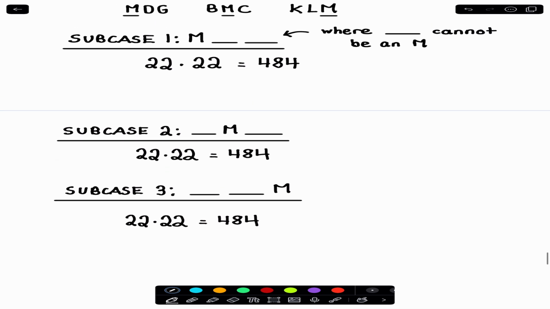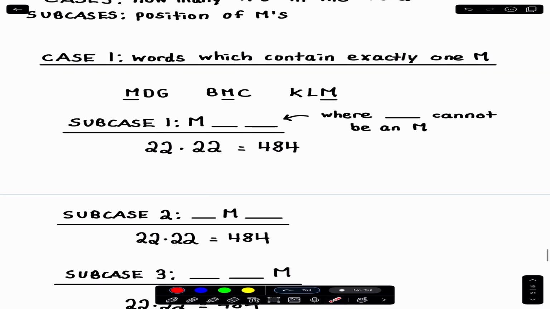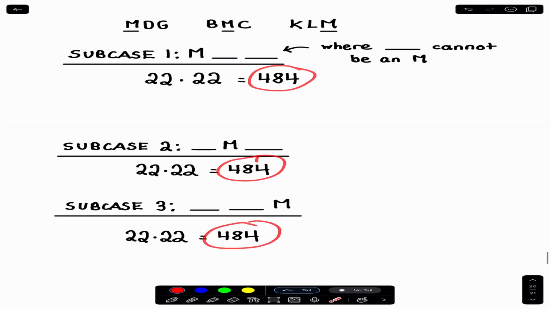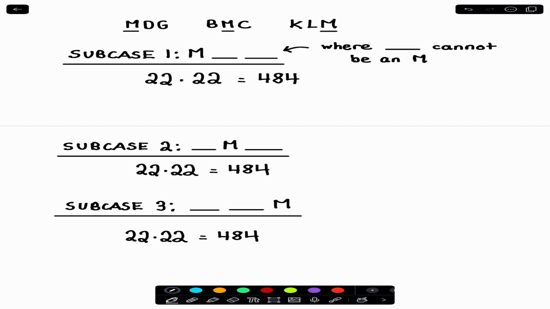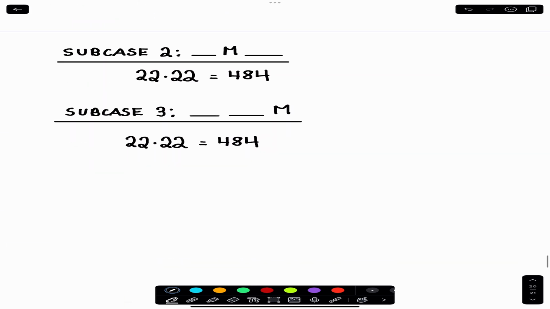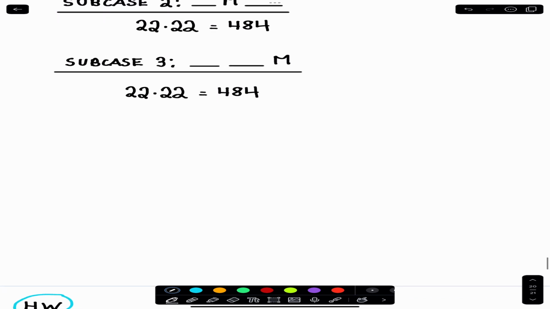Cool. This means that for this first case, we have a running total of 484, 484, and 484. So that's 3 copies of 484. So this case in total has 1452 possibilities.